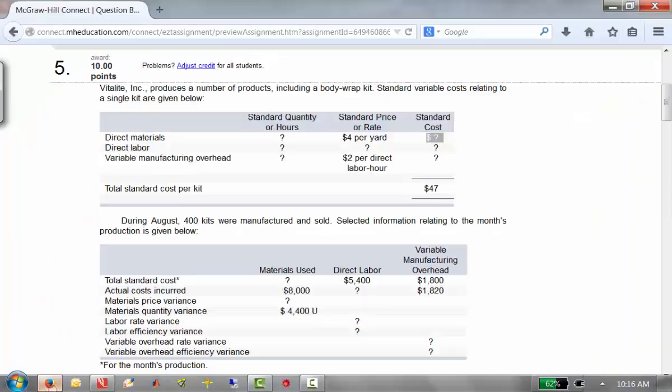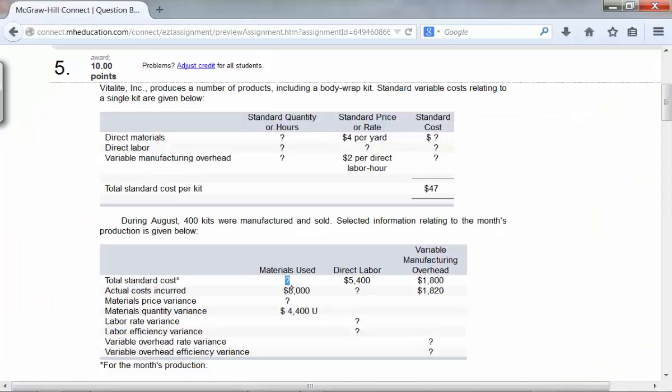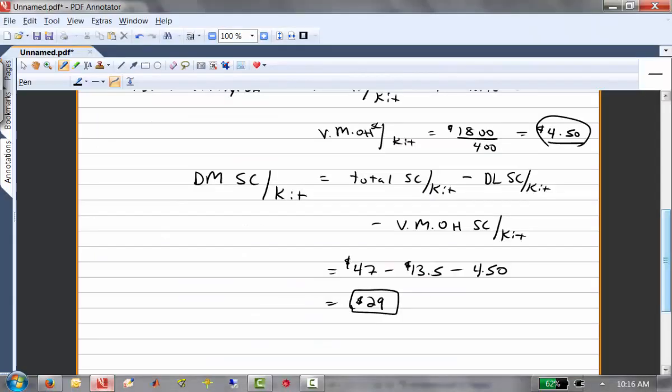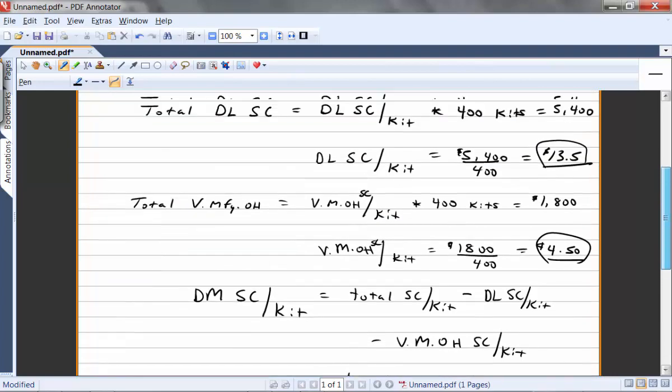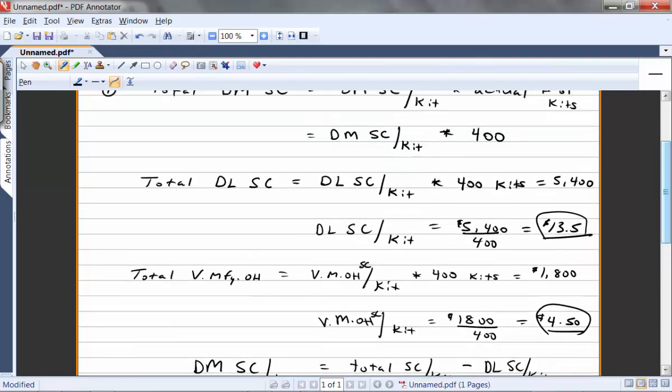That's not what it asked us. It didn't ask us on a per kit basis. It asked us what's the total standard cost for direct materials for August. What should it have cost us to make the 400 kits? Well, we can go put that in up here.